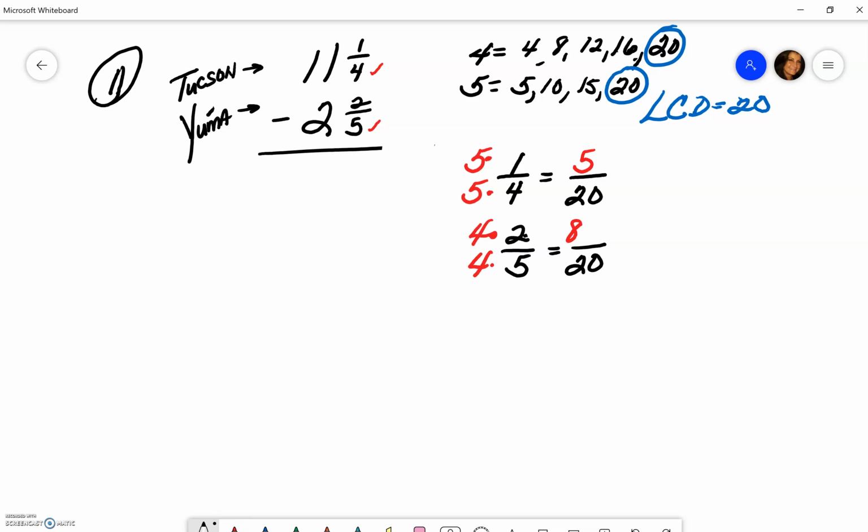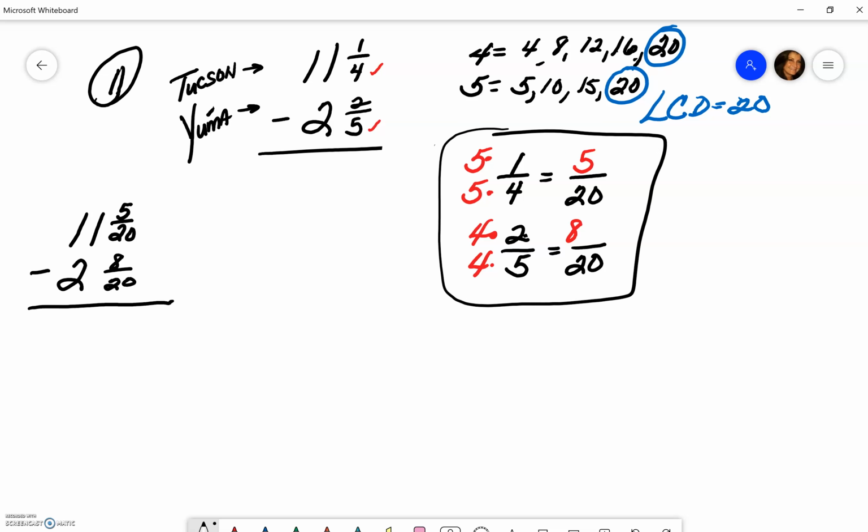I'm going to take them over here. And I have 11 and 5 over 20, and then we have subtracted by 2 and 8 over 20. All right, now here's another new thing that you must learn. If you notice that this top number is smaller than the bottom number, it's the same thing as when we're subtracting.